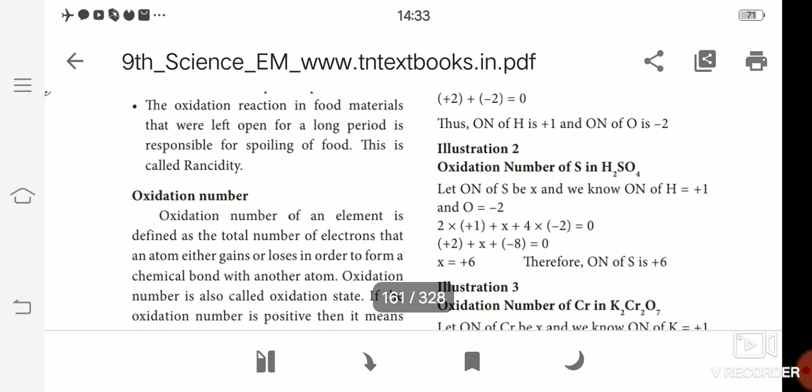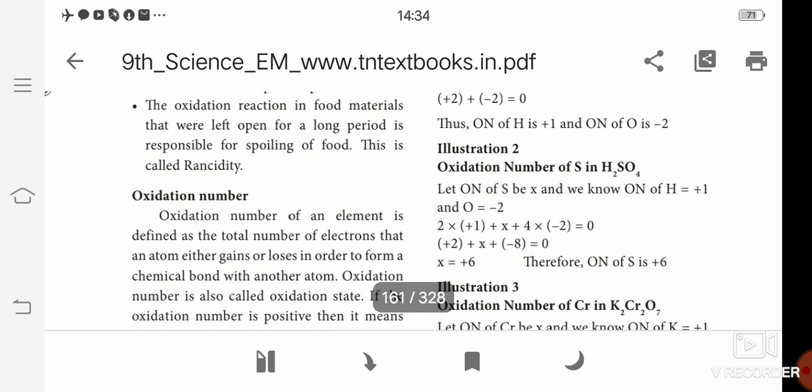How many hydrogens are present? 2 hydrogens, and 4 oxygens. 2 hydrogens means plus 2, and 4 oxygens means 4 into minus 2, which is minus 8. So x is plus 6. So the sulfur oxidation state is plus 6.